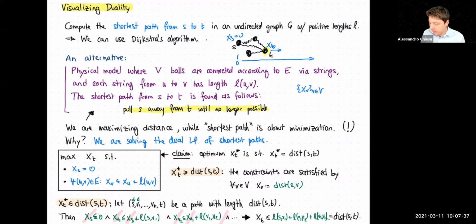Well, let's see. Is this constraint satisfied? Sure, because x_S will be set to the distance from S to S, which is 0. Great. Is the distance from S to V at most the distance from S to U plus L_UV? Yeah, sure, because one way to go from S to V is to go through U first and then take this edge. So all the constraints are satisfied, and I know that the maximum must be at least that.